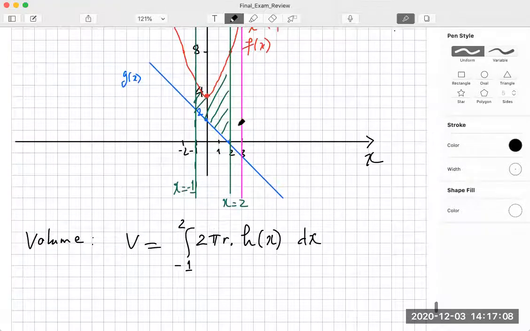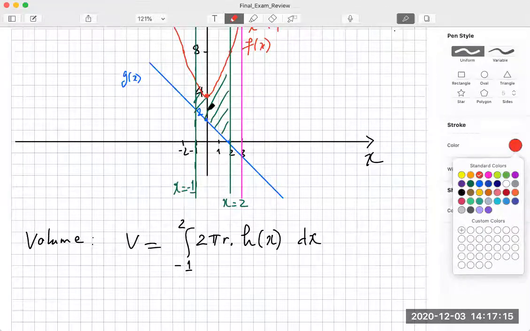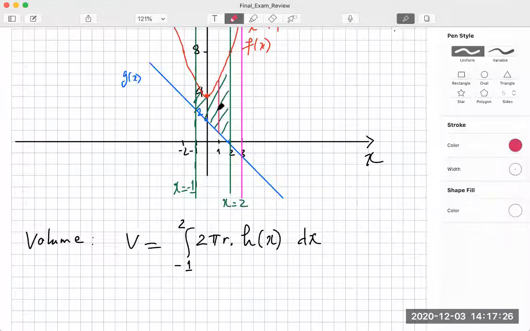In this case, r is the radius from any point here to the line x equals 3, right?